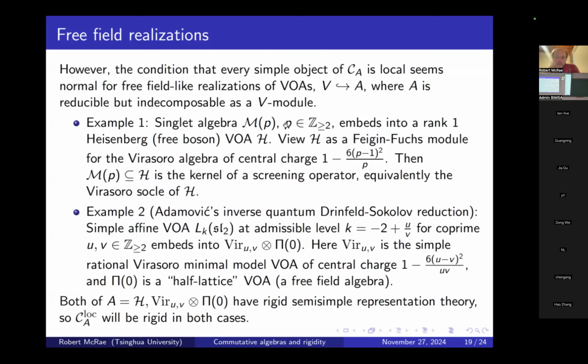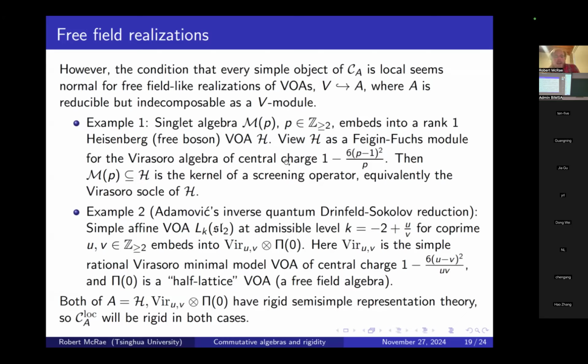And here I'm fixing an integer p, and I want the central charge to be 1 minus 6(p-1)^2/p. So I view H as a module for the Virasoro algebra with this central charge. And then there is a screening operator that you define on this, which is a linear map from H to some module for H. And then this singlet VOA M(p) is the kernel of the screening operator.